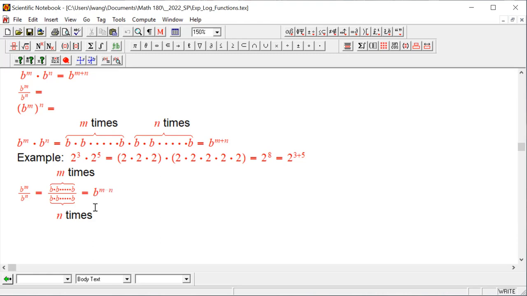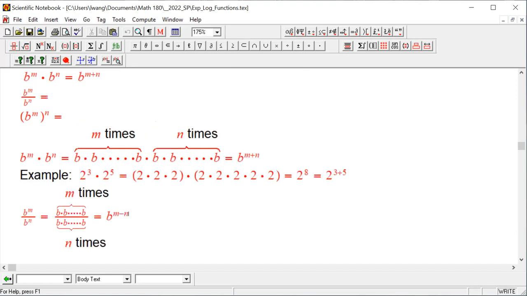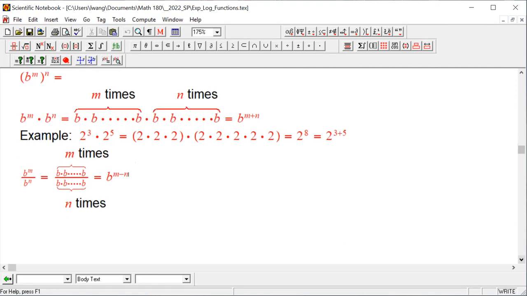Okay, m minus n is not necessarily a positive number. It could be a negative number too. But in order to figure it out, we can use an example once again. If you're not certain, you can totally derive this thing by yourself.